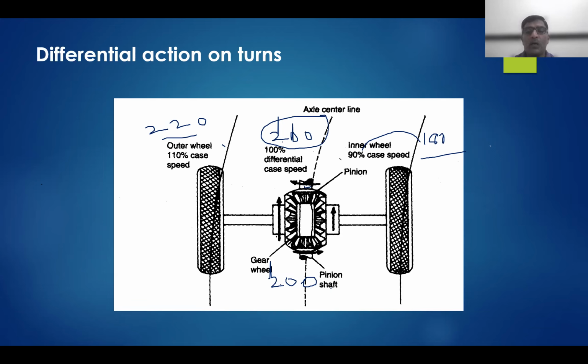So if one rotates with 180 RPM, the other will rotate with 220 RPM. Whatever reduction of speed in the inner wheel will be added in the outer wheel. In this way, there are relative RPMs of these rear wheels. Schematically, it is shown in the slide.